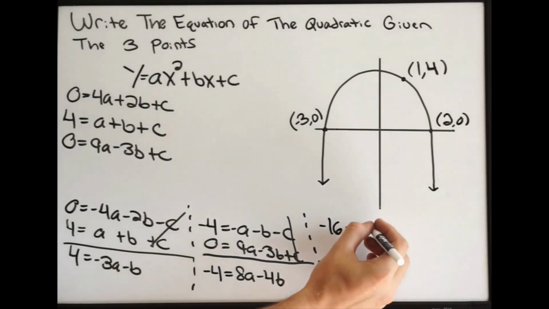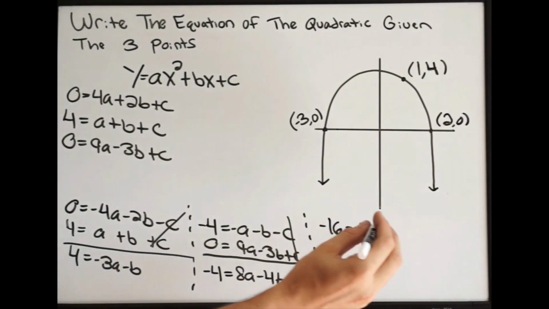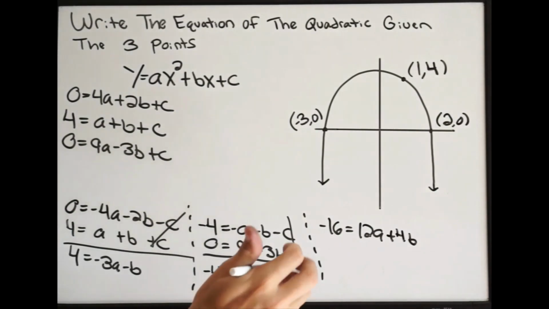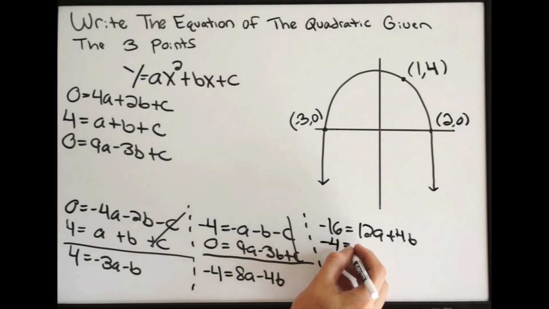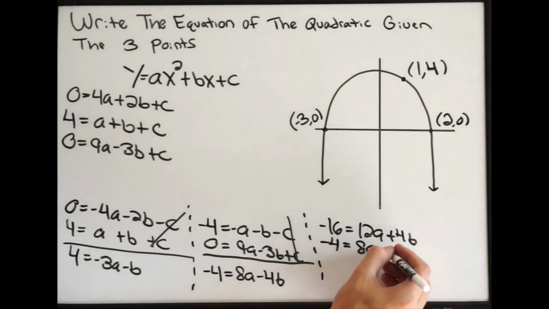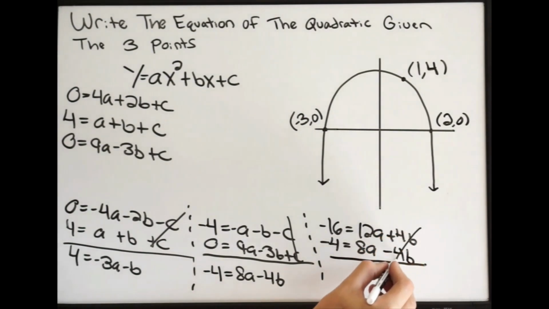Okay, this is going to give us positive 12a, and this will give us positive 4b. And then just write this equation right underneath, we get negative 4 equal to 8a minus 4b, so good, look how the b's will cancel here, that's what we want.